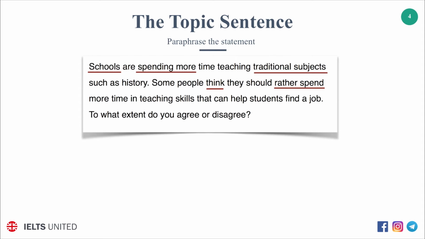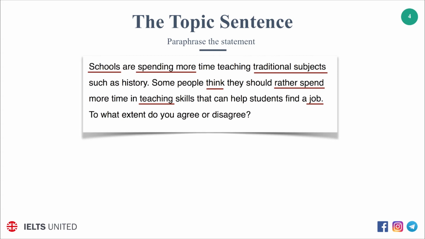Then in the statement we've got teaching skills, but instead of teaching we could say training, to provide training. That's the same thing as to teach a skill. So it would be better to provide training that can help students find a job.